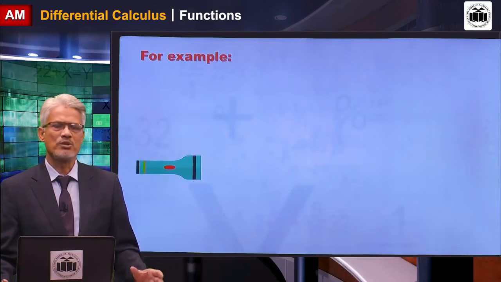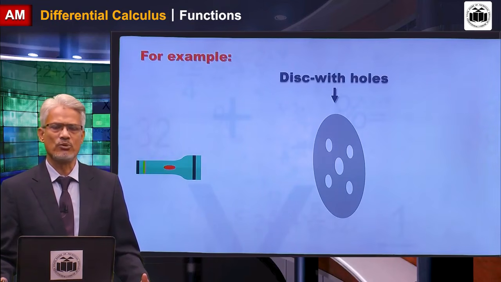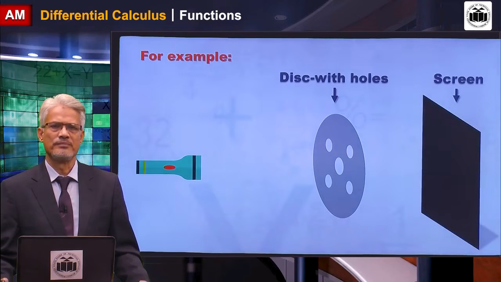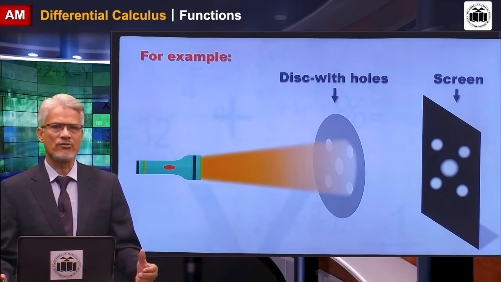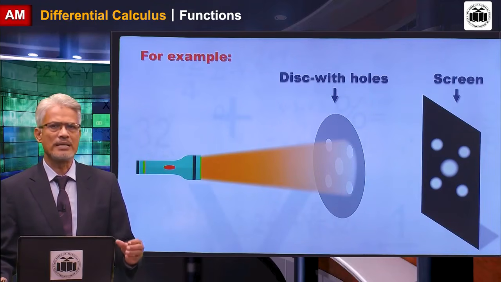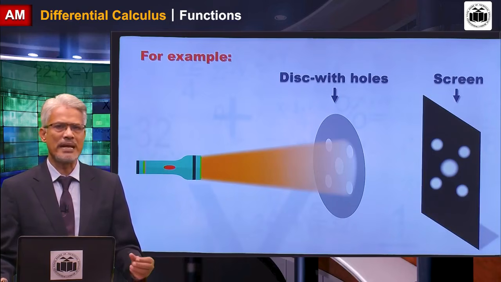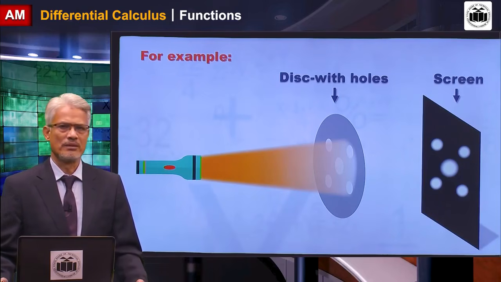Now we want to demonstrate the concept of function by an example. You see, we have a torch, a disk with holes and a screen. As soon as we switch on the torch, the rays of light fall on the disk and ultimately we get as many bright spots on the screen as there are holes in the disk.